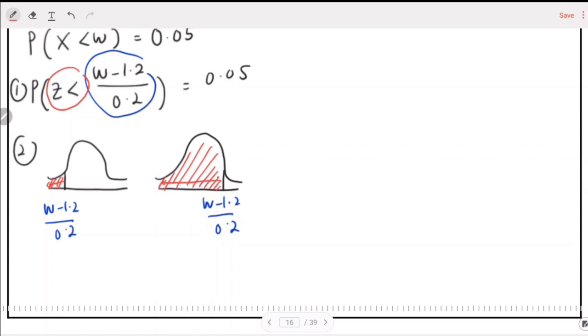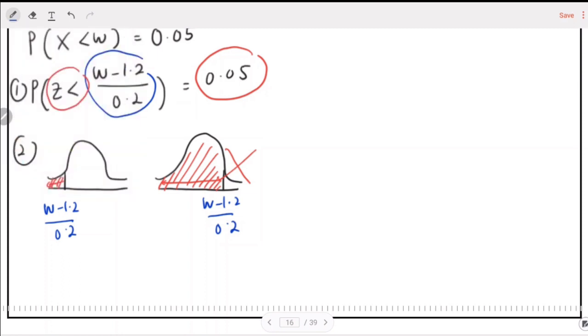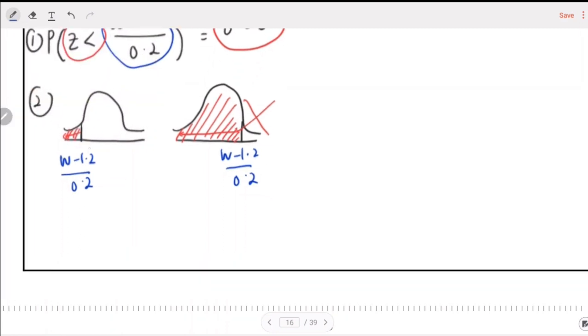Next, we check the probability that tallies with the shaded region. 0.05 is a very small probability, so this one is incorrect. So the correct bell shape shows that our Z is actually negative. It lies on the negative side.